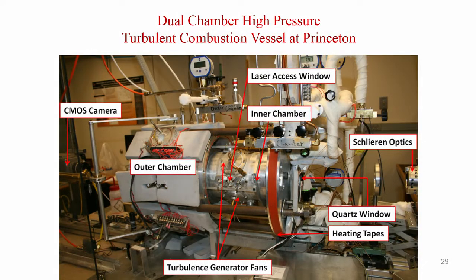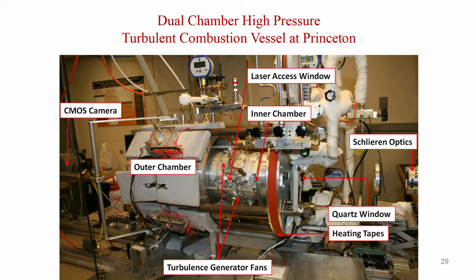Now in this setup, what people do is we have a dual chamber vessel. So you have an inner chamber and an outer chamber, and we fill up the inner chamber with the fuel air mixture, and then we ignite it with a spark. As soon as the spark is ignited, the inner chamber and outer chamber have some ports which open up, and these can communicate.